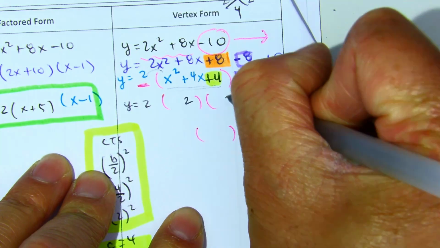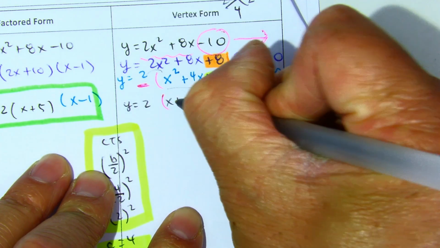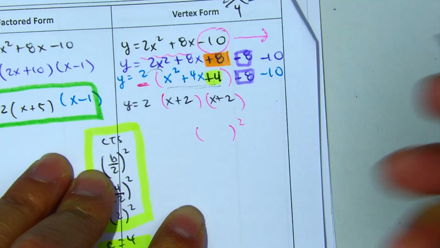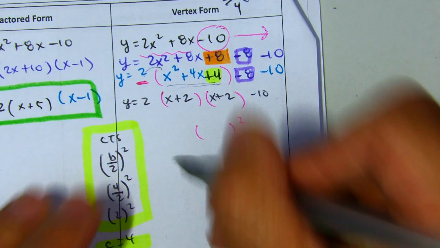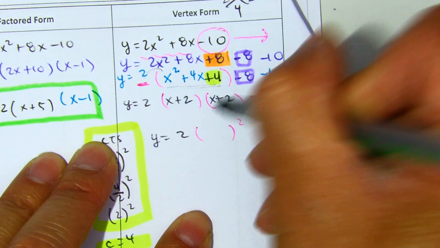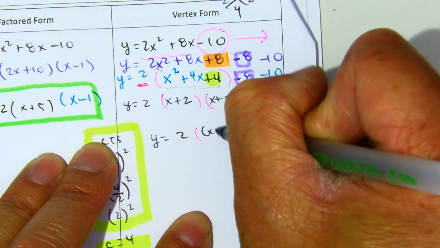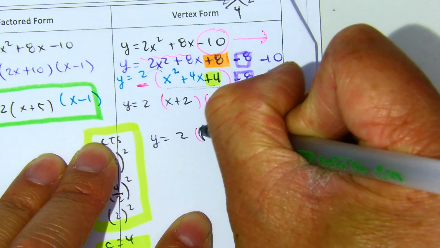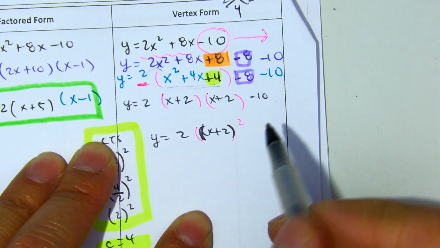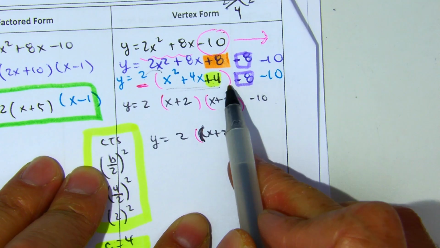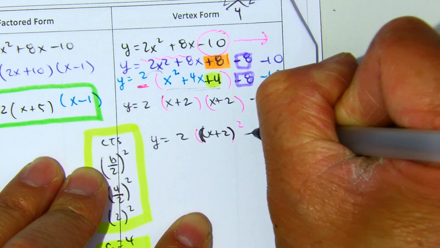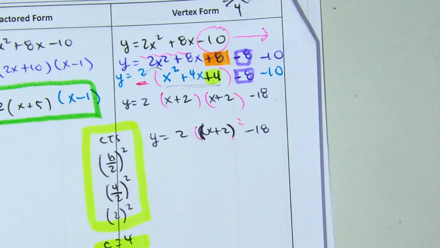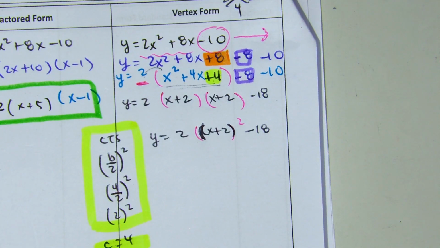Don't use the box because I already know that my A value is equal to 1. So I have y equals 2 times x plus 2, squared. That should be 1 parentheses. Minus, oops! Negative 8 minus 10 is what? Negative 18. Okay? So there we have vertex form.